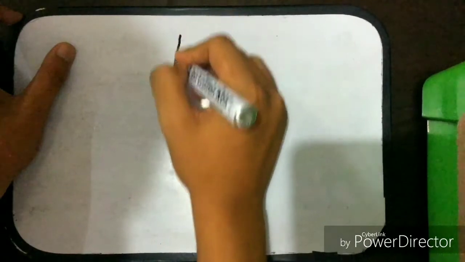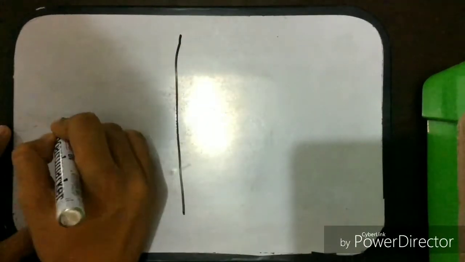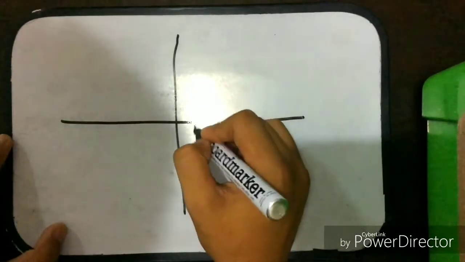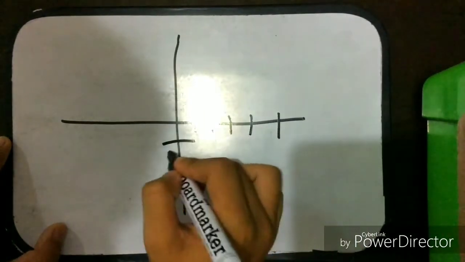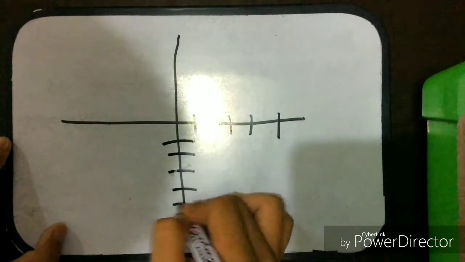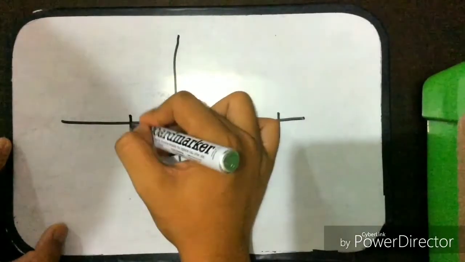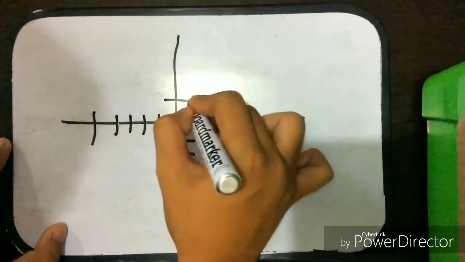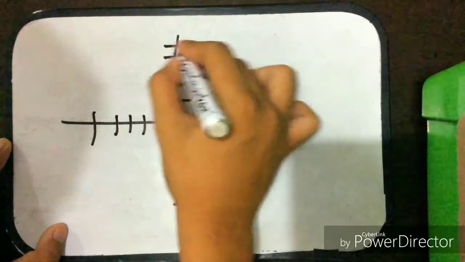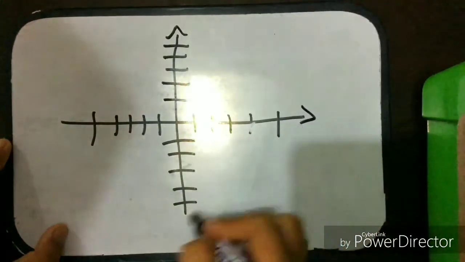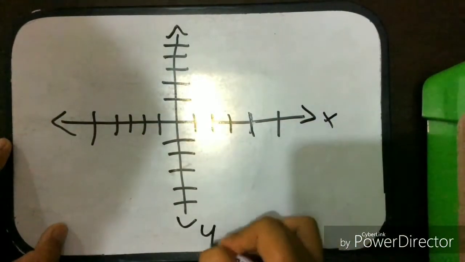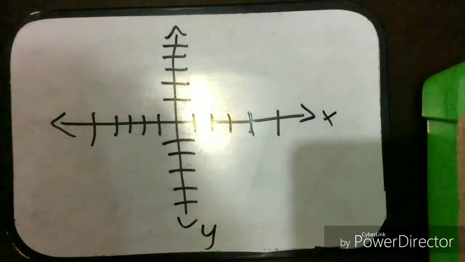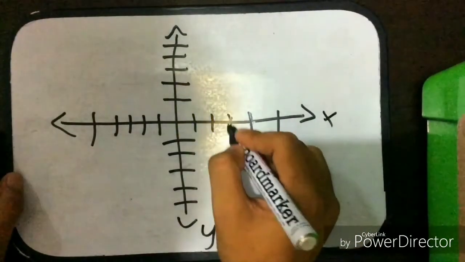So first, draw a Cartesian plane. So for the vertices is 3 and 0.